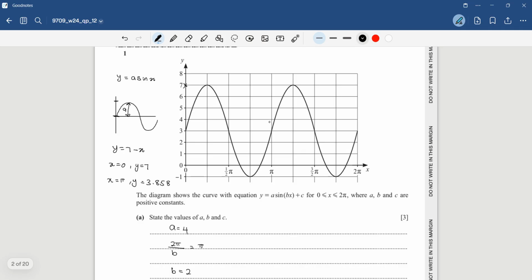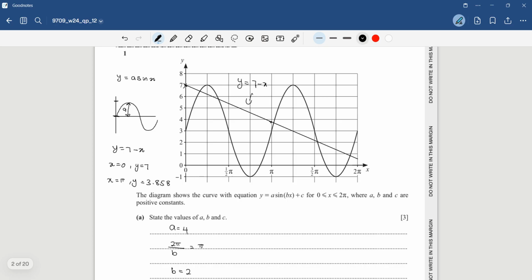So approximately here, let's say. So we just draw a straight line connecting these 2 points. So this will be y equal to 7 minus x.